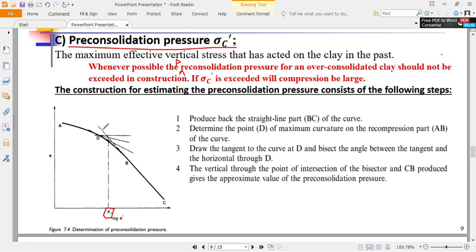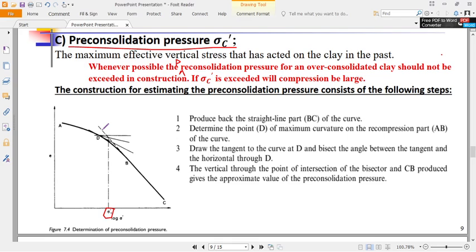Also determine mv for the increment between this and this. We need to determine mv, we need to determine the pre-consolidation pressure, and we also need to determine Cc.